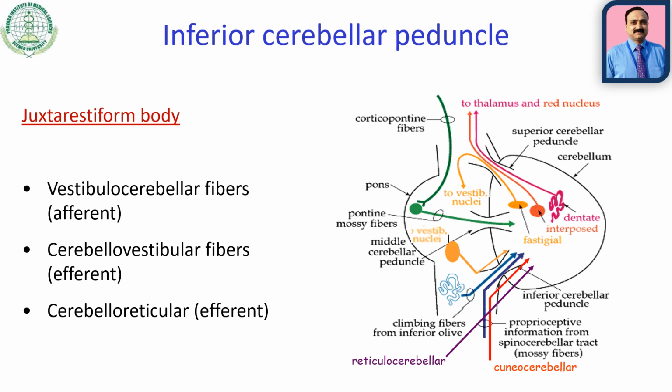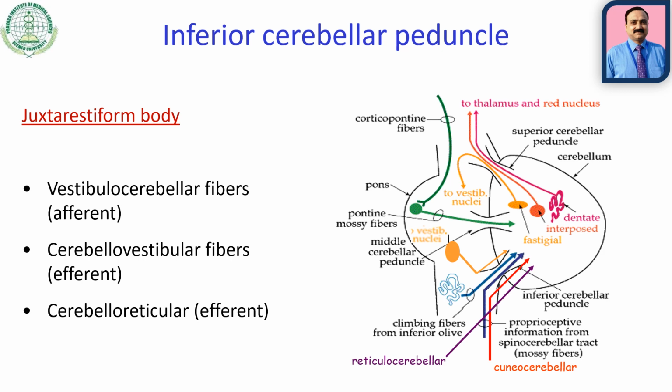The inferior cerebellar peduncle also contains the juxta-restiform body. It contains vestibulocerebellar fibers, cerebellovestibular fibers and cerebelloreticular fibers.